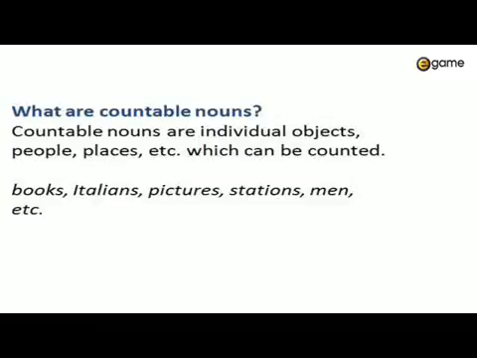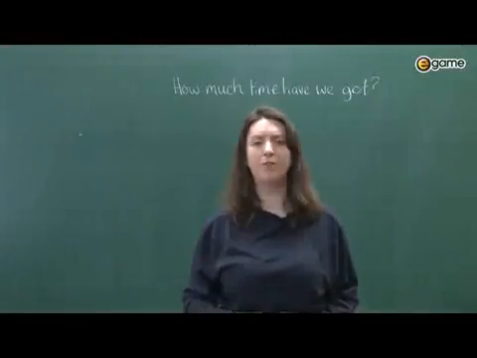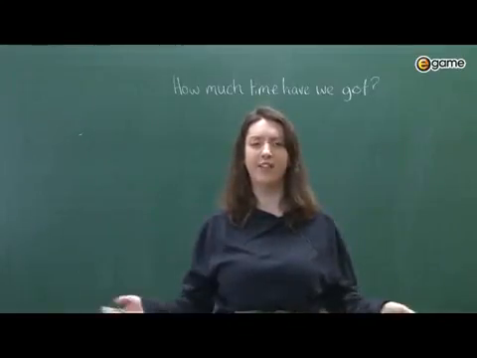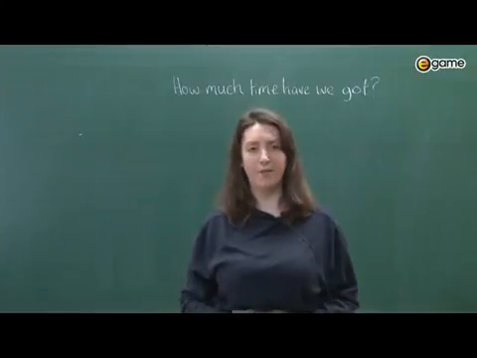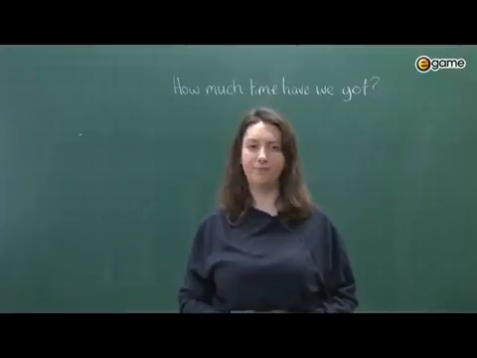For example, books, Italians, pictures, stations, men, and so on. So, countable nouns, we can say 2, 3, 4, 5, 6, and so on of that noun. So 5 books, 6 men.